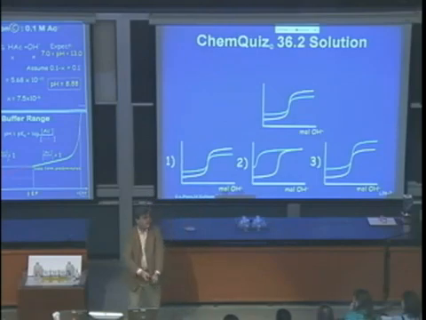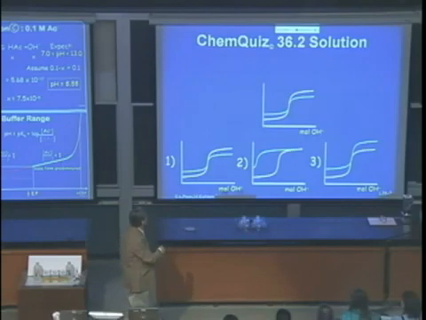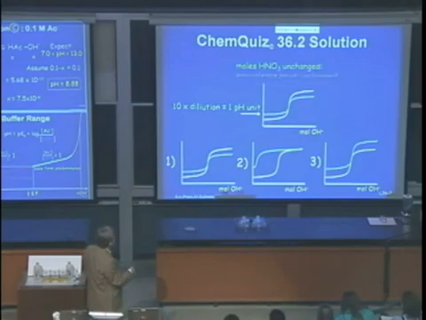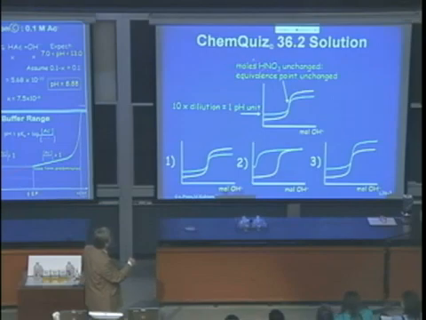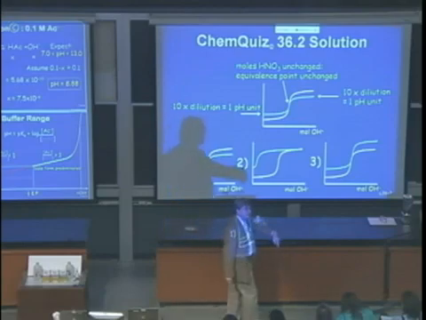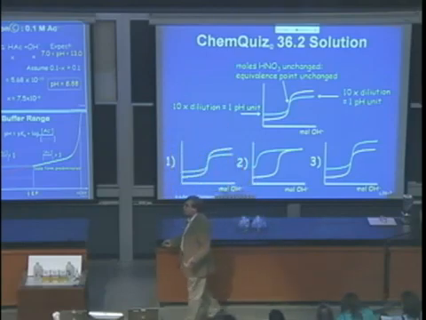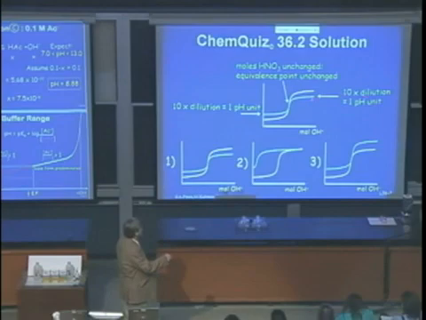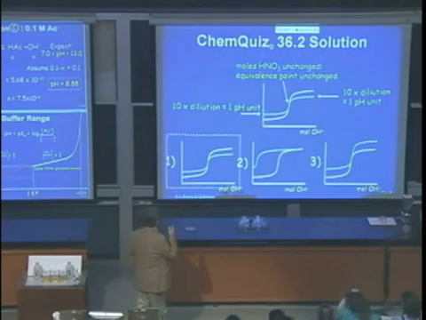So a 10 times dilution is 1 pH unit up, and the moles of HNO3, not the molarity, are unchanged, so the equivalence point stays unchanged. Any time the base hits that solution, it gets diluted by a factor of 10. So it was 0.1 molar, but essentially it becomes 0.01 molar once it hits that solution, and with this you go down by 1 pH unit. Okay, so we did this one right.